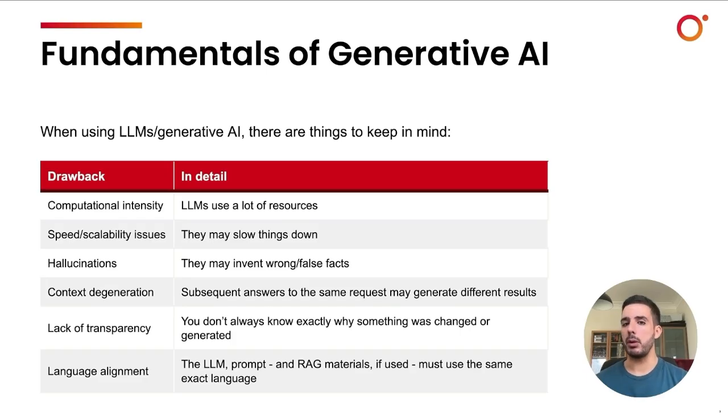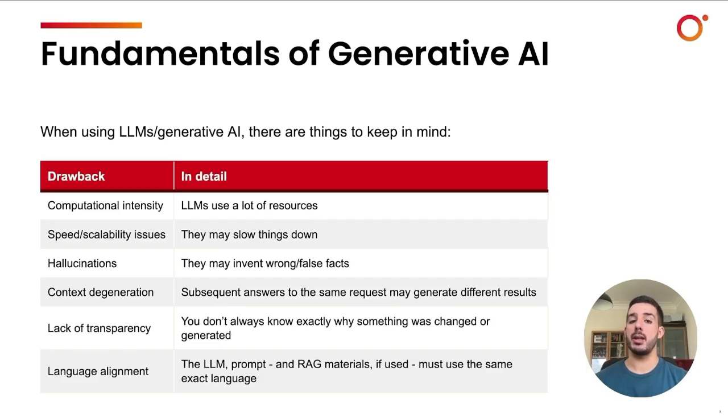They tell you what is probably true in every situation, but in certain cases, such as, for example, counterintuitive situations, they may invent something that would probably be true, but just is not true in this case, right? And when you are using LLMs for data remediation, hallucinations can be wrong values, wrong rules, context degeneration, and other types of issues.